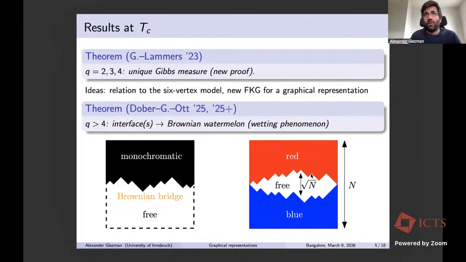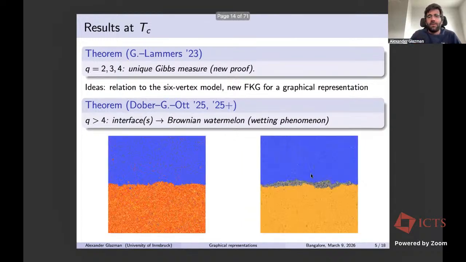So the condition is to not intersect. And that means the distance between them will be of order root n. So you have this emergence of a free layer in between of width root n, roughly. So these are the simulations that I showed you before. Below, left is the conditions monochromatic versus free, and the right is monochromatic one color versus monochromatic the other color.